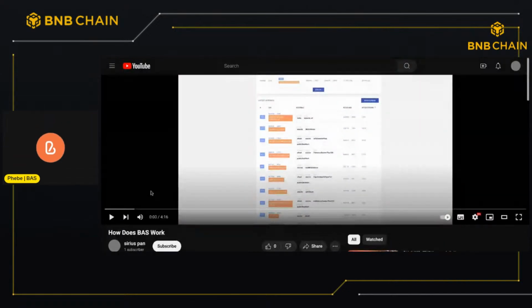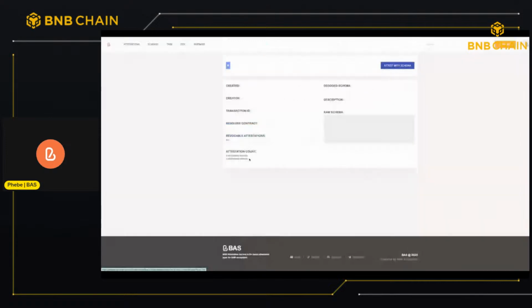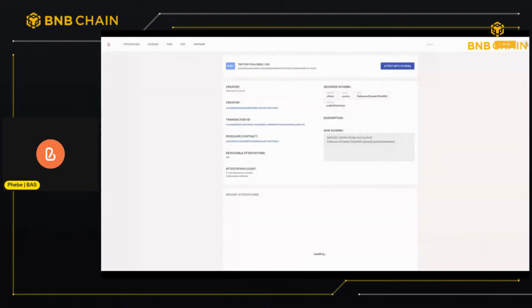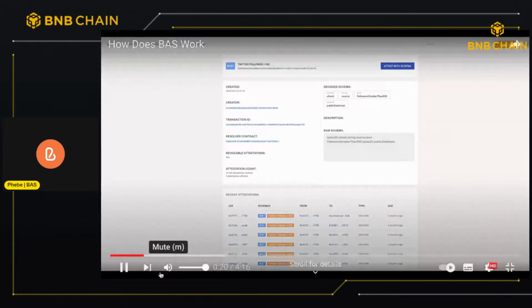First, I will introduce the first important module in BAS, which is the schema. A schema is a structured framework defining the data format and resolver with a test function. Schema dictates what kind of data can be attested and how that data should be presented.